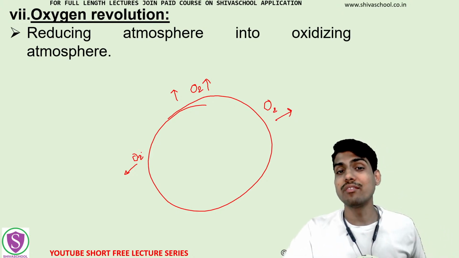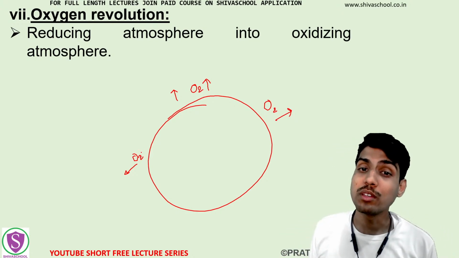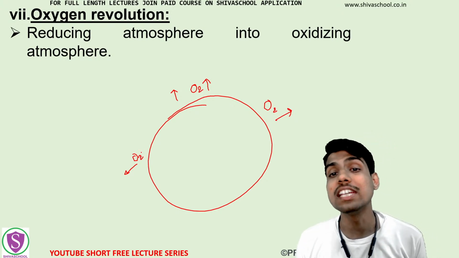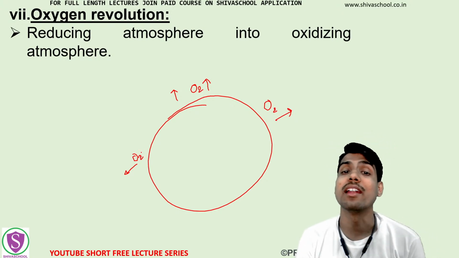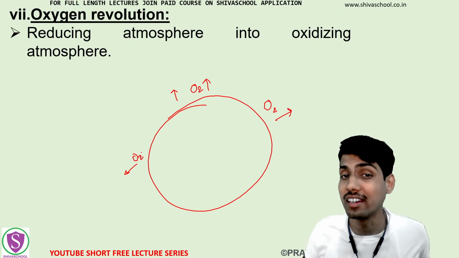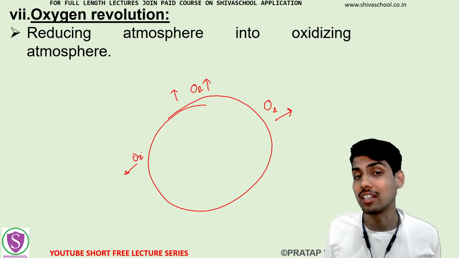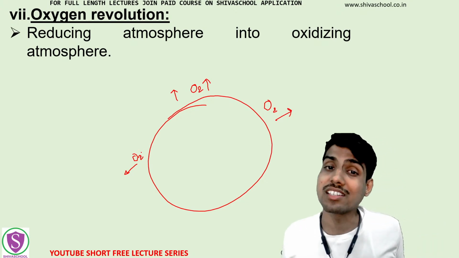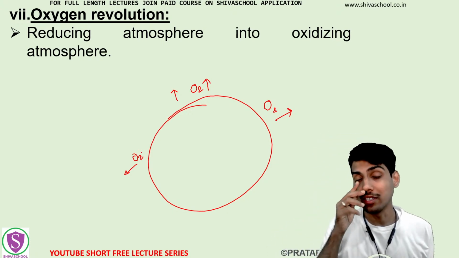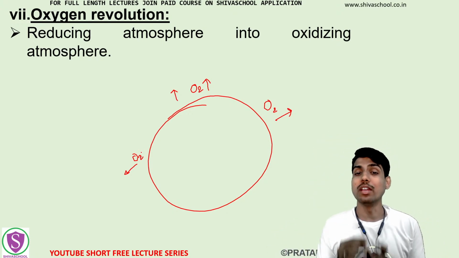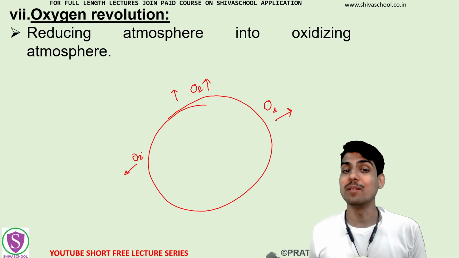Because of the increasing concentration of oxygen, what will happen? Earlier we have seen that the atmosphere was reducing in nature because of the presence of hydrogen and similar gases. Now when oxygen starts getting added to this entire atmosphere, it will convert from reducing to oxidizing.